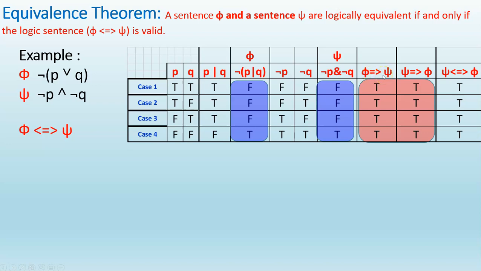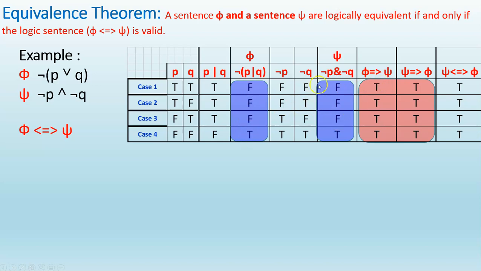We already learned in implications that the only way for that to be false is if the antecedent is true while the consequent is false. In other words, there has to be a true here and a false here to make this sentence false. Well, that never happens, because there's never a true here followed by a false here, because, well, they're always identical. So there's never one value here and another value there.